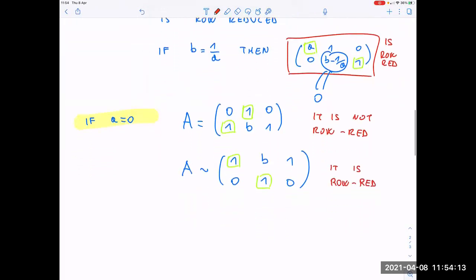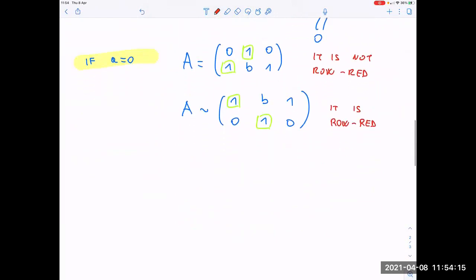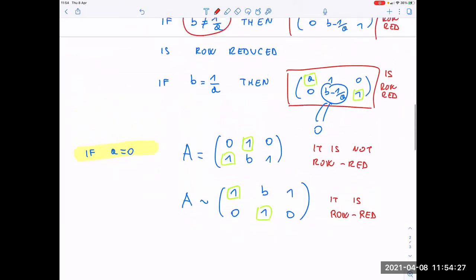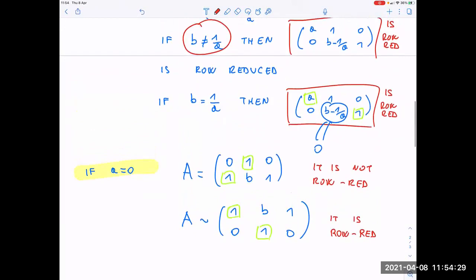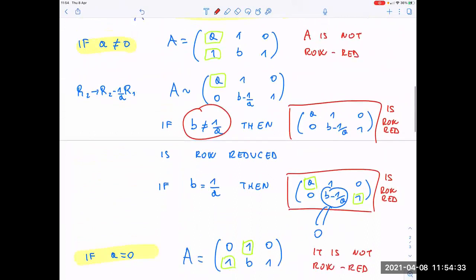Okay. So the answer is that our original matrix is never row reduced for any value of A and B, but we can row reduce it just by following these precise operations.